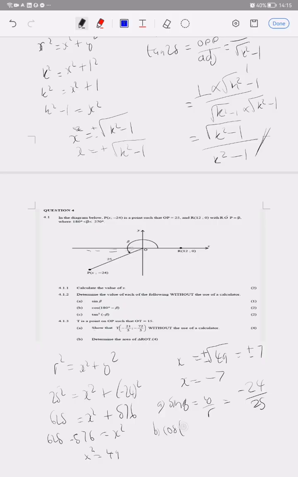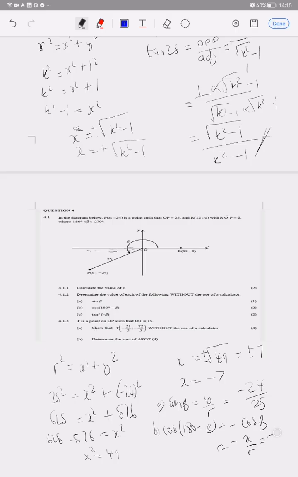What is b? Cos of 180 minus b. This is the same as, this one is in the second quadrant, and cos is negative, so it's negative cos b. So what is cos b? Cos b is just x over r, so it's negative.